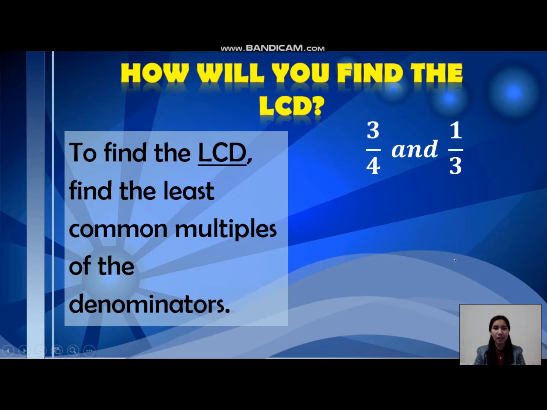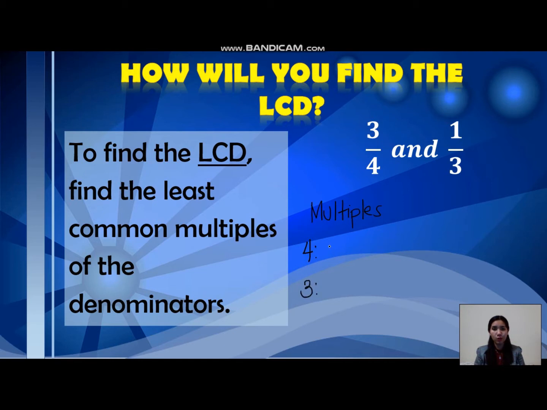Next, how will you find the LCD? To find the LCD, find the least common multiples of the denominators. In this example, 3/4 and 1/3, the denominators are 4 and 3. So first, we need to find their multiples. So we'll just simply list down the multiples of 4, then afterwards, the multiples of 3.